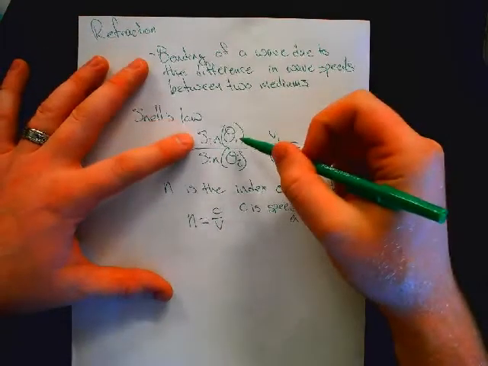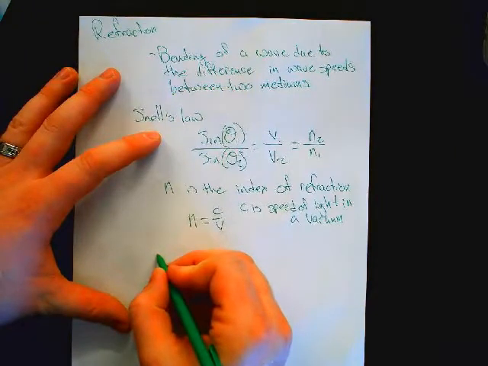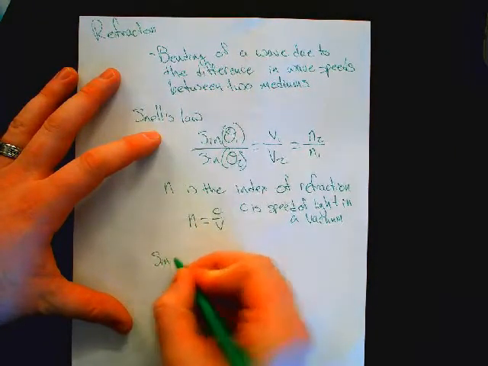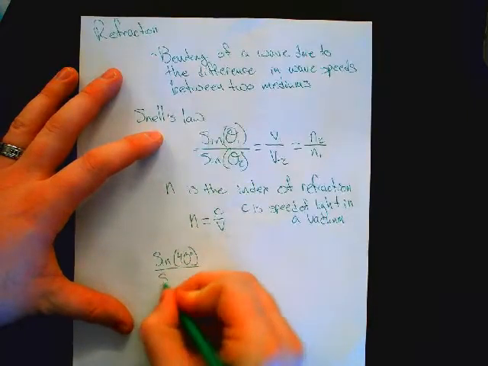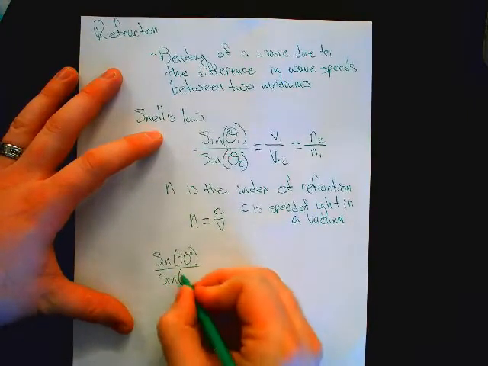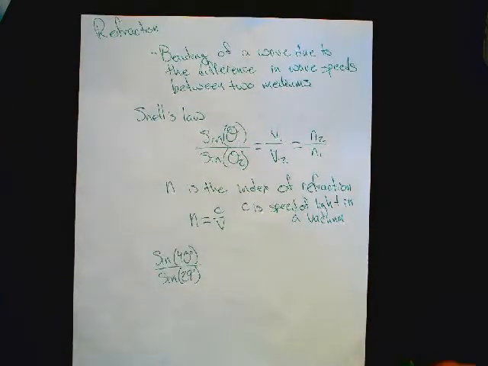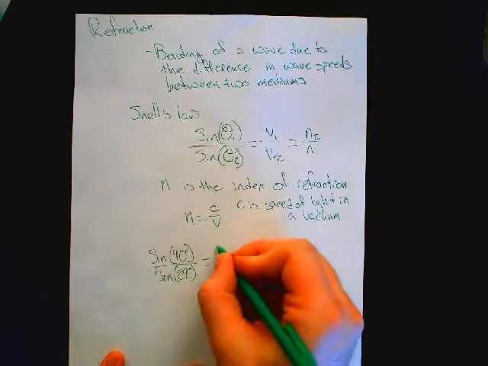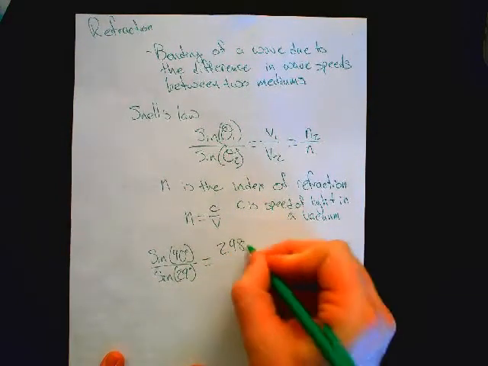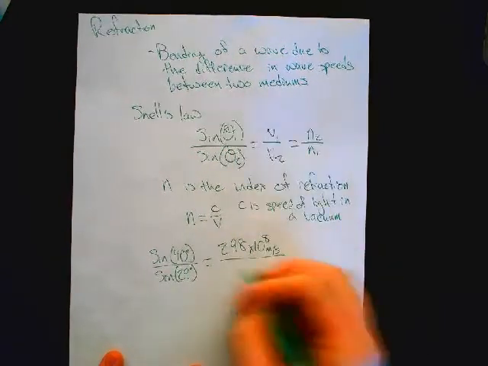So that means that if we look at our angles here, sine of theta 1, well, that's 40 degrees, divided by sine theta 2, well, that's probably about 29 degrees. And the speed of light in air is just below 3. So if I remember correctly, we're looking at 2.98 times 10 to the 8th meters per second, divided by v2.